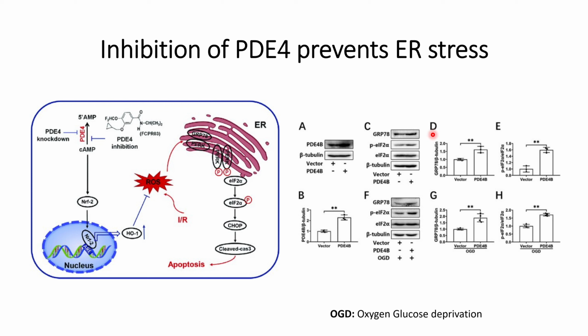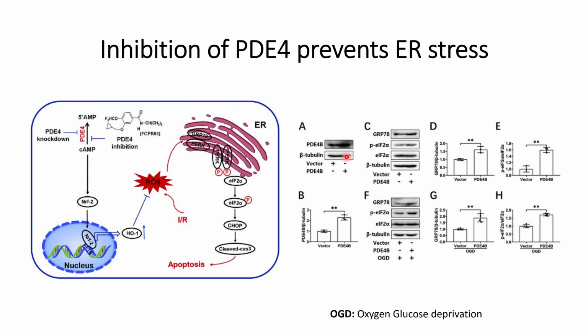This is one of the figures from the same paper, which supports the point that an increase in the amount of PDE4 will lead to higher ER stress. So they use the opposing approach to prove this theory. They transfected cells with an empty vector and also with a PDE4B vector.